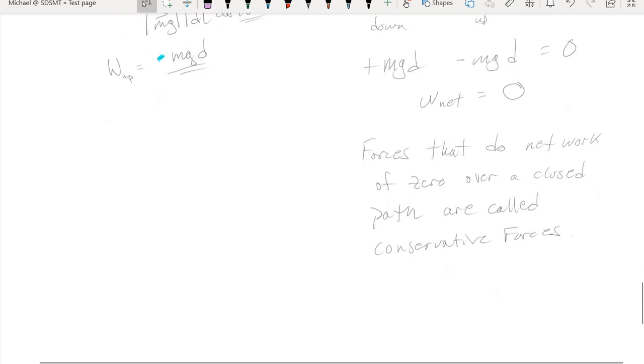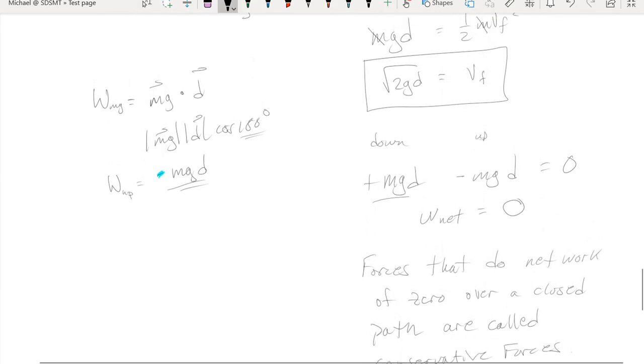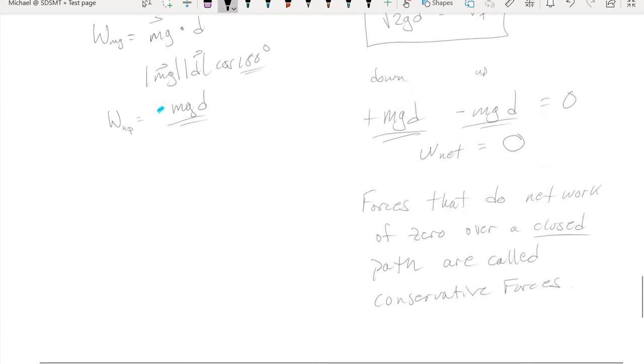So what this means is that the gravity force is conserving the amount of energy that is transferred into or out of the rock as it moves about that closed path.